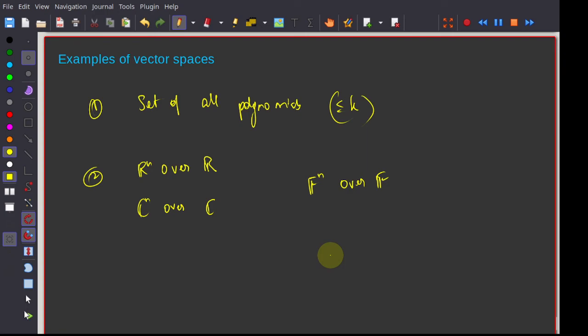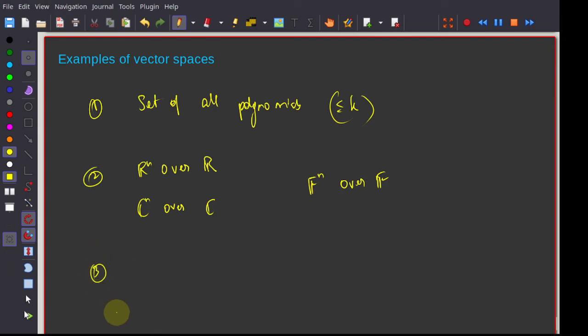Why? What about R over R? What about R2? Even R2 has uncountably many elements, right? If you just take n equal to 1, every field is a vector space over itself. Okay, so these are fine.